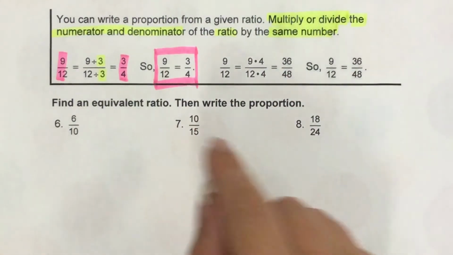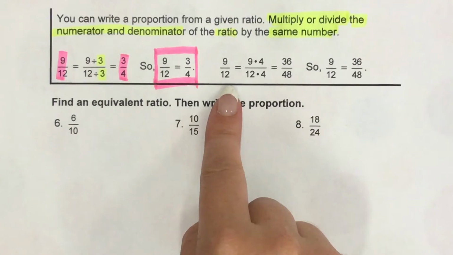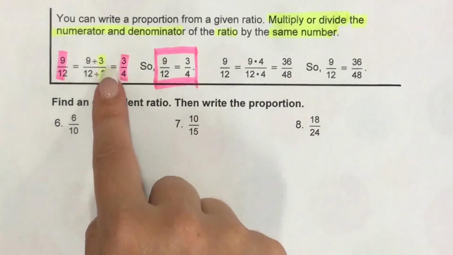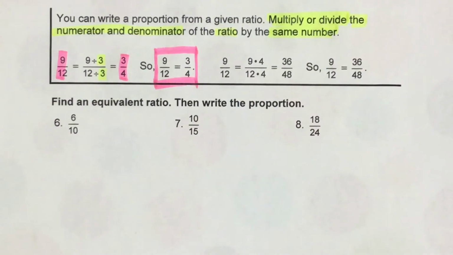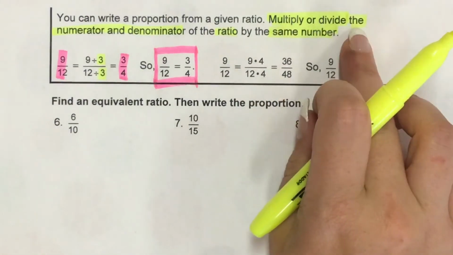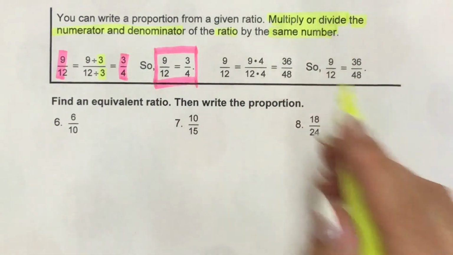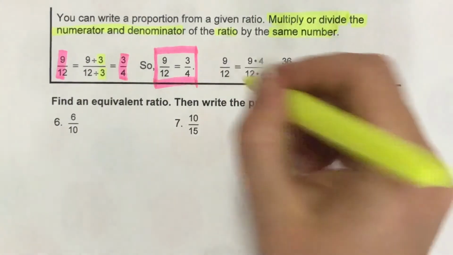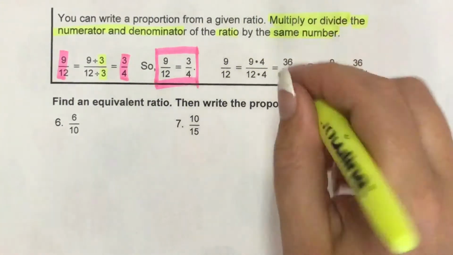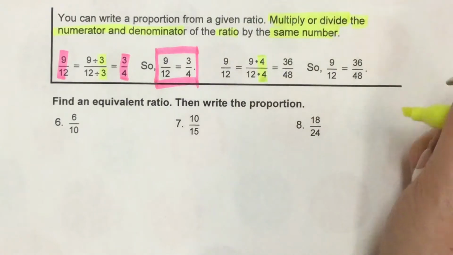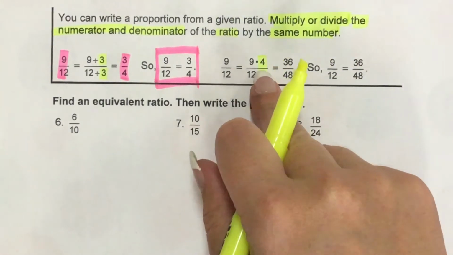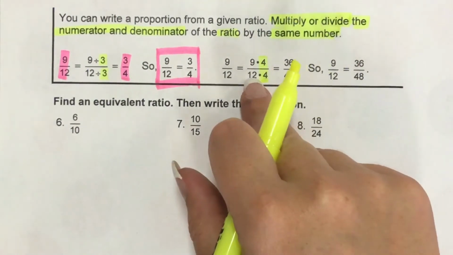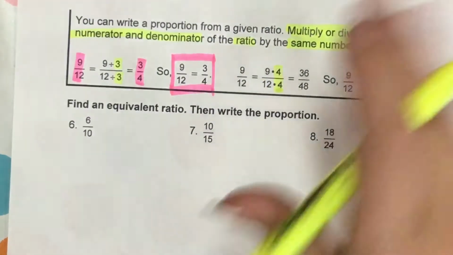Let's go ahead and look at 9/12 again, except this time, instead of dividing by the same number, what we're going to do, because up here it says we can multiply or divide, right? So let's go ahead and multiply. We're going to multiply the top and the bottom by the same thing, which is 4. 9 times 4 is 36. 12 times 4 is 48.